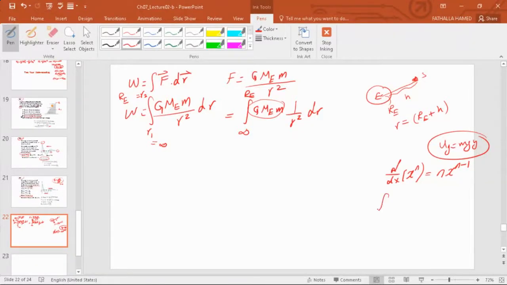And if you want to integrate x to the n dx, you always say that it should equal 1 over n plus 1 times x to the n plus 1. So in the case of the integral of 1 over r squared dr, 1 over r squared is like saying the integral of r to the minus 2 dr.